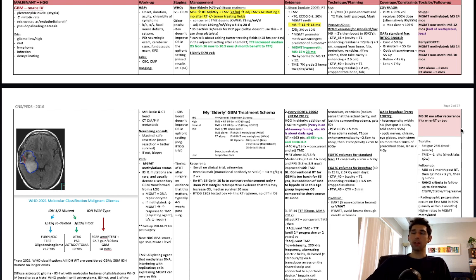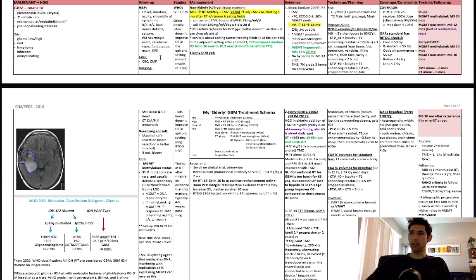Workup: H&P, ask about onset, duration, acuity, chronicity of symptoms. Headache, nausea, vomiting, focal neurologic deficits, and seizure are the most common presenting symptoms. Physical exam, you should have a complete neurologic exam, a cerebellar exam with a fundoscopic exam, and assess performance status.